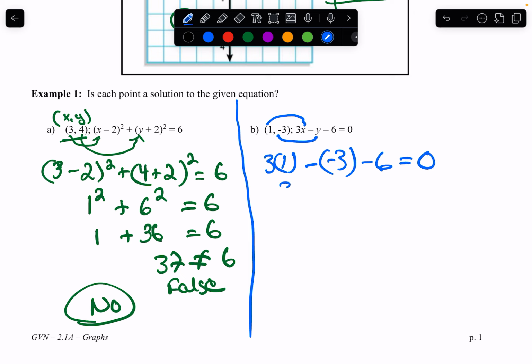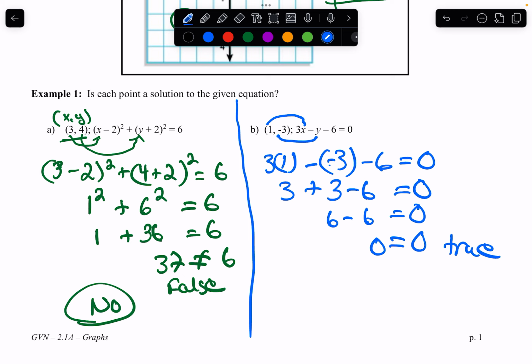So 3 times 1 is 3. A negative and a negative is a positive. 3 minus 6, left to right, 3 plus 3 is 6, minus 6. 0 is 0, so that is true. So the point 1, negative 3 is a solution to 3x minus y minus 6 equals 0.